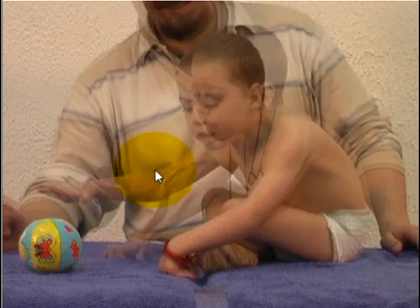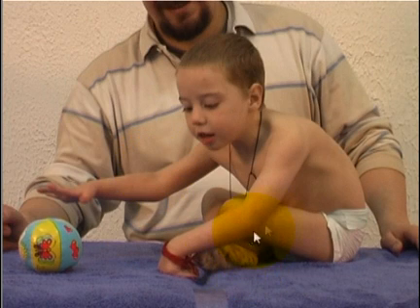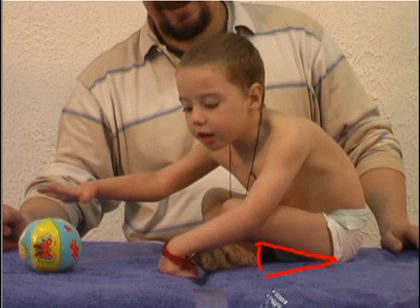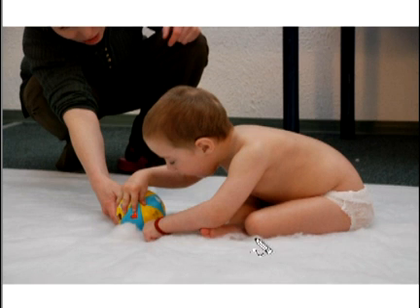Let's have a look at the change today. You can see three major transformations. One is the appearance of the space between the ground and the leg. So he no longer needs that extended base that he was using before.